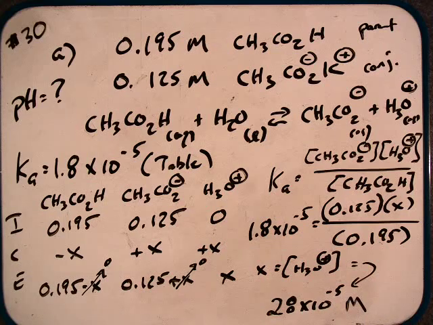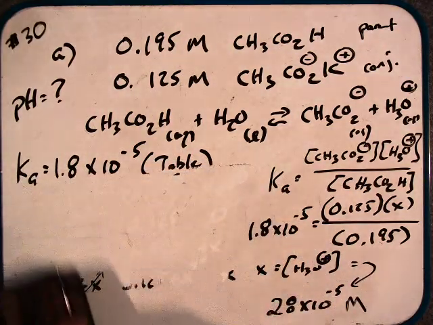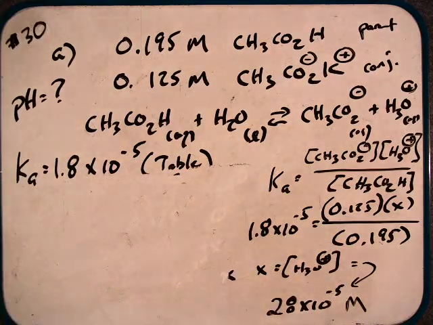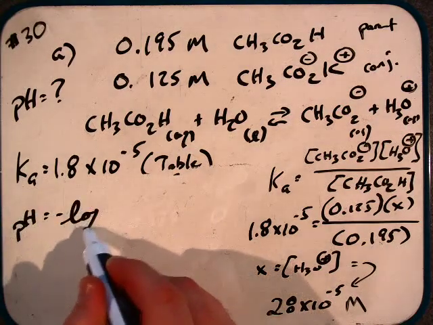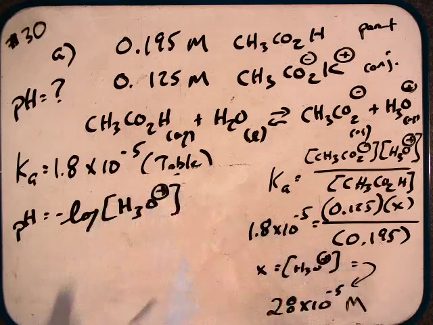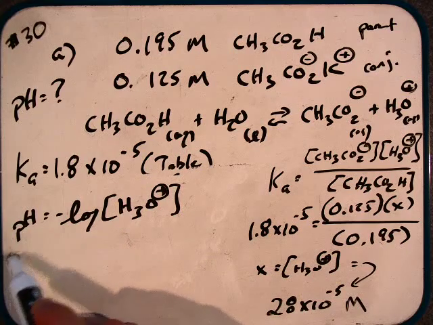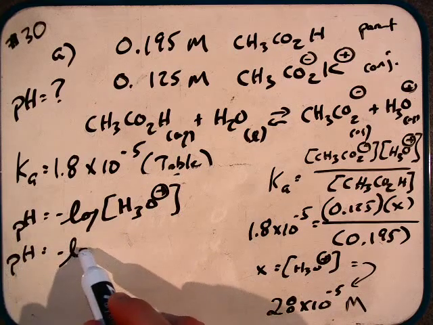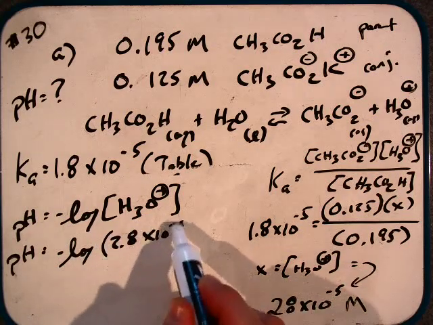So that's our concentration of H3O+, and so in order to answer the question and get the pH, we then need to take the negative logarithm of that value. So our pH is the negative log of our H3O+, or the negative log of our 2.8 times 10 to the negative fifth.